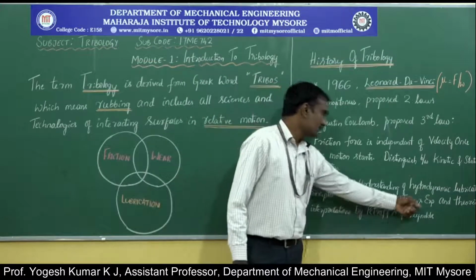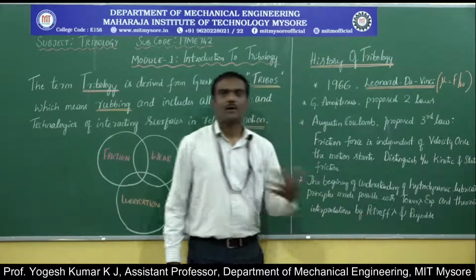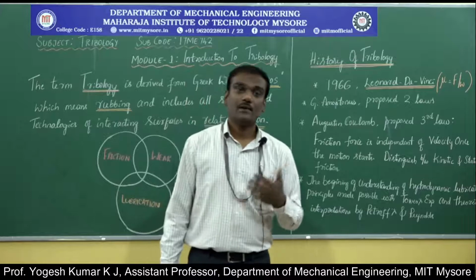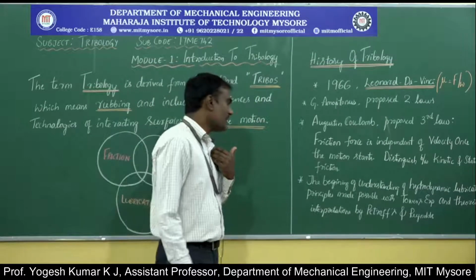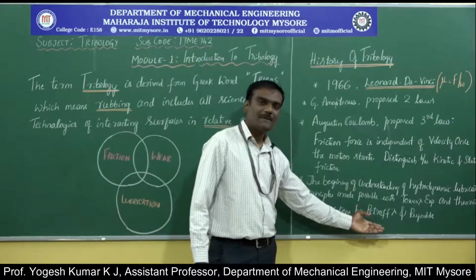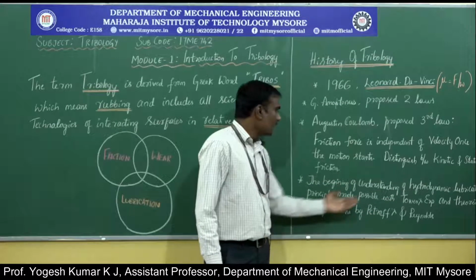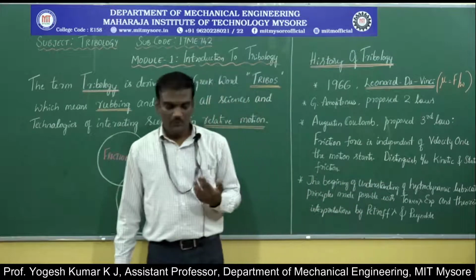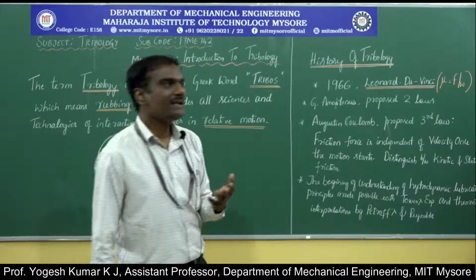Petrov made use of both Tower's and Reynolds' concepts, and he gave an expression for the coefficient of friction. The expression is very famous, Petrov's equation of friction, for lightly loaded bearings. Everything is detailed for hydrodynamic lubrication, where the fluid is used as a lubricant between the two mating surfaces.